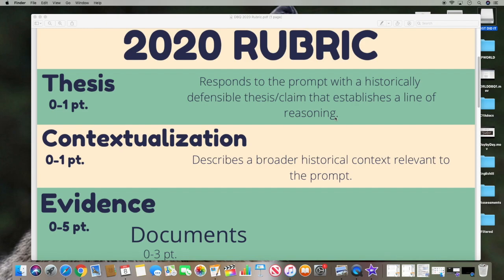And the analogy that I always give you is, I love spaghetti because of the cheese, the sauce, and the noodles. And so you just kind of have to replace that with your established line of reasoning. Now that is worth 1 point. That is basically 1/10 of your AP world grade.